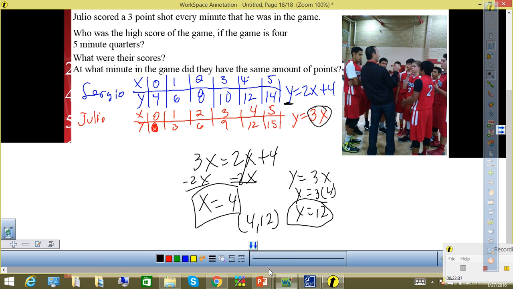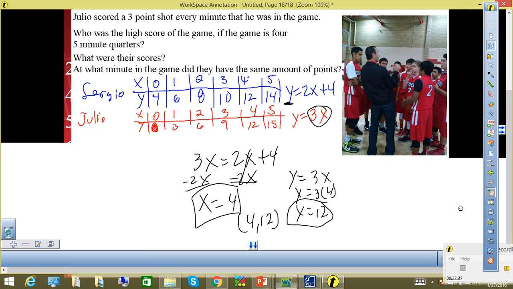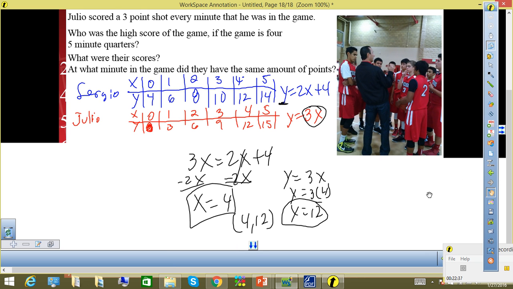What does the 4 mean? What does the 12 mean? And what happened right there? Look at the graph, Sergio. Look right here. That in the 4th minute, we both had the same points, and in the 5th minute, Julio beat me by 1 point. Boom, that just happened.